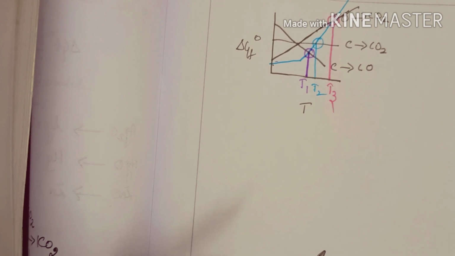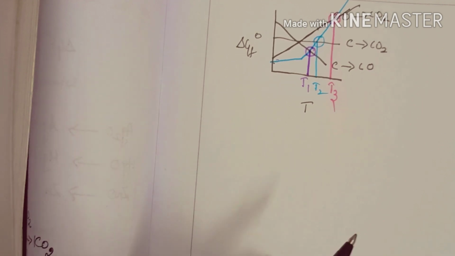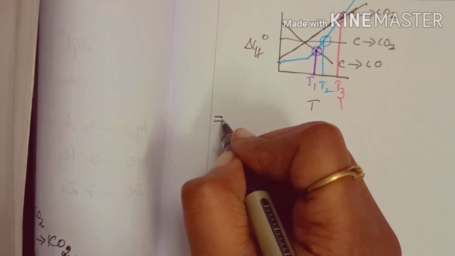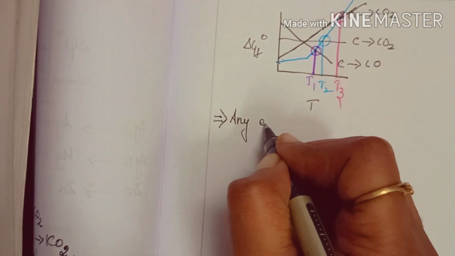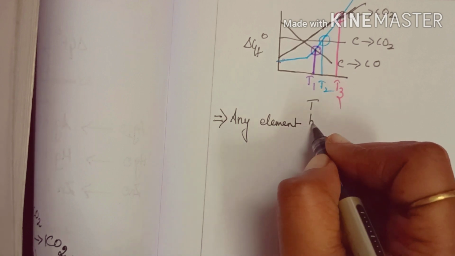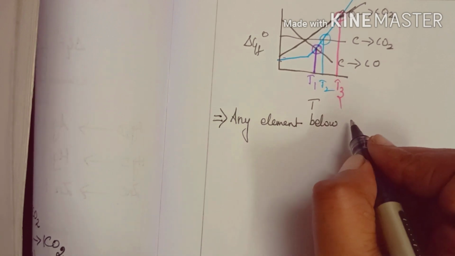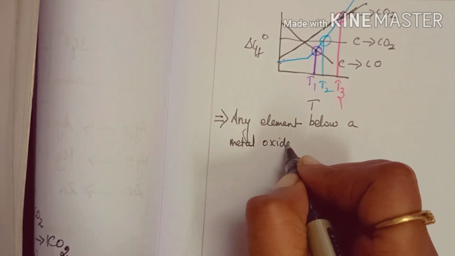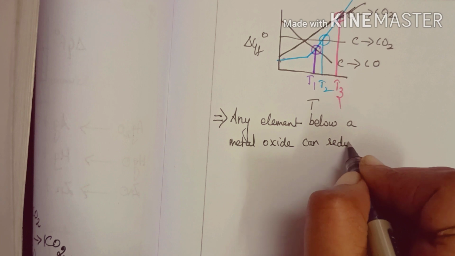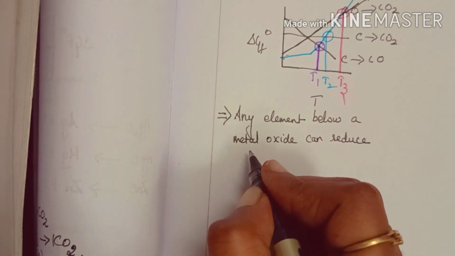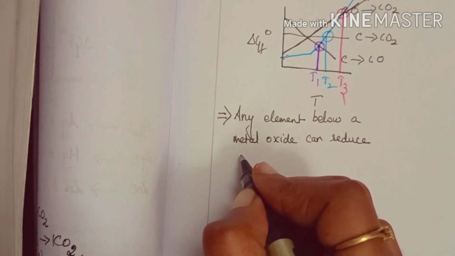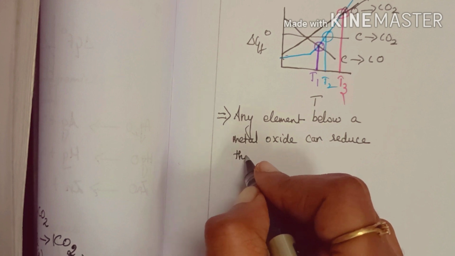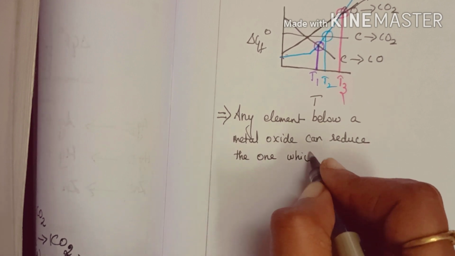Now, to choose a better reducing agent, you should keep 2 things in mind. The first one is, any element below a metal oxide can reduce the one which is above it.